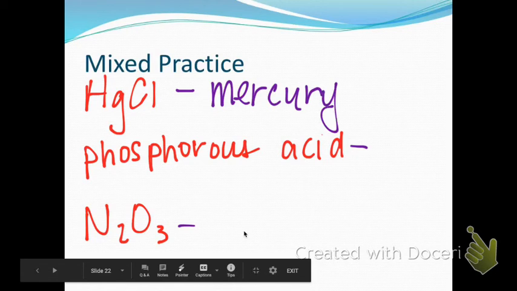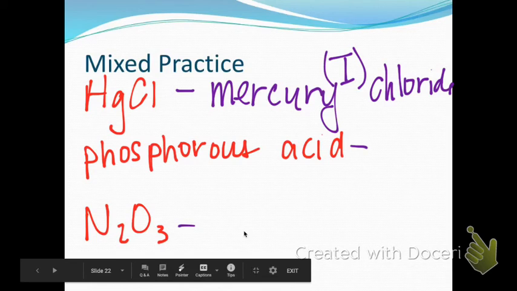It should be mercury chloride. But based on this formula, what version of mercury should it be? It should be +1. And I didn't realize that wasn't listed as a possible charge for mercury. It is, it just has a +2 with it. Both have +2, so that's why I was confused. Oh yeah, I see what you're saying. Hg2Cl.